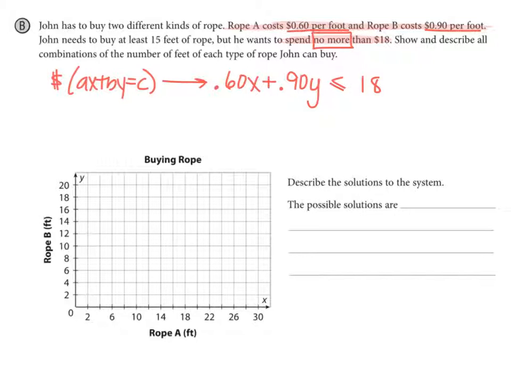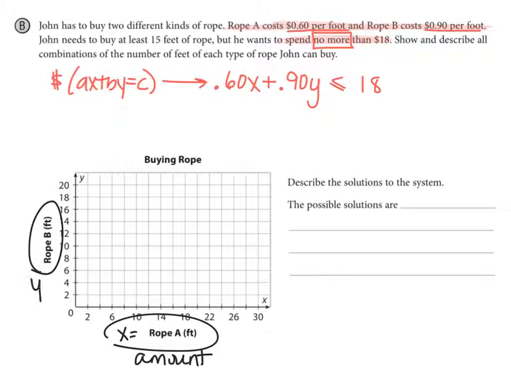Now, because this is standard form, it's easier to go ahead and define my variables. You may even see down here at the bottom, they tell us X is the amount of rope A. So you can just make these notes on your own. Y is going to be the amount of rope B. Now we want to go back and figure out how we are going to write this last part.